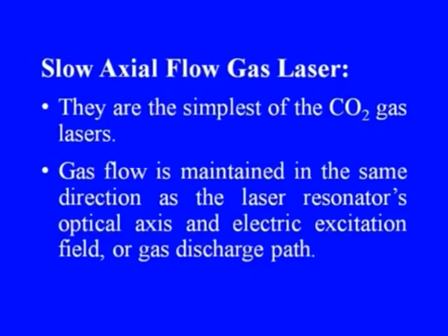Let us see the slow axial flow gas lasers. They are the simplest of the carbon dioxide gas laser family. Gas flow is maintained in the same direction as the laser resonator's optical axis, and the electric excitation field or gas discharge path is in the same direction.